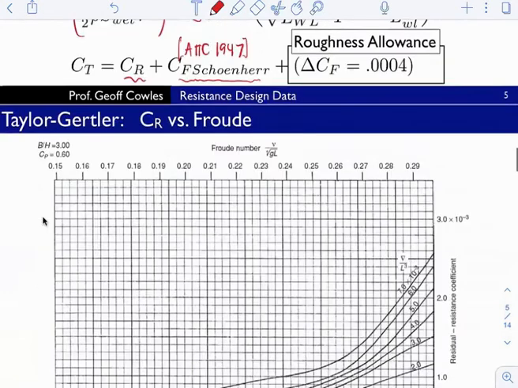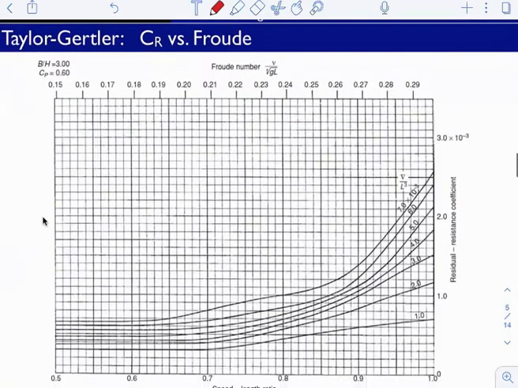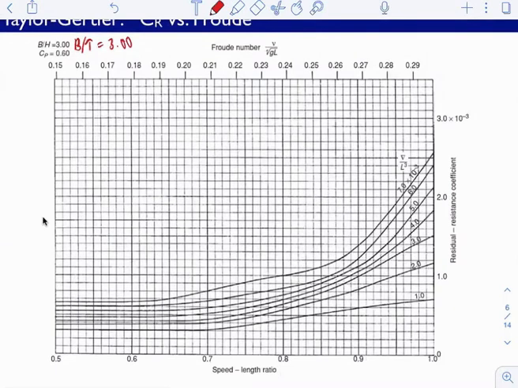This shows just one of the many tables that came out of that report. So this is a beam draft ratio. That's written H here, but that's B over T equals 3. Here we have on this axis speed to length ratio, V over root L, where V is in knots and L is in feet.